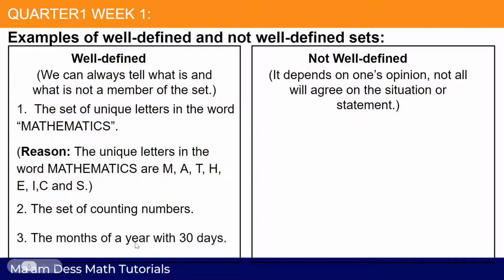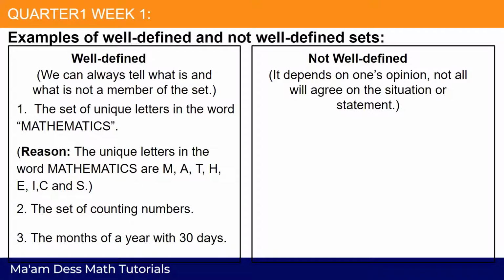Number 3, the months of a year with 30 days. Again, months of the year with 30 days. What are the months of a year with 30 days? So we have, okay, January is not 30 days, of course. Okay, so we have April.